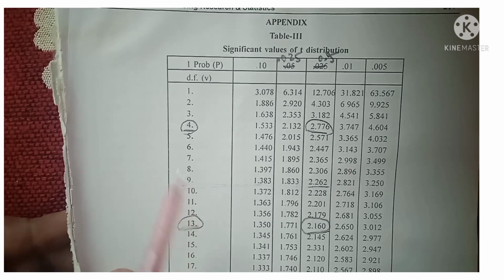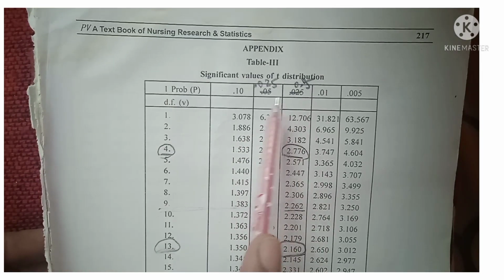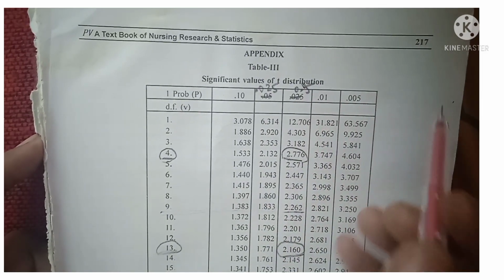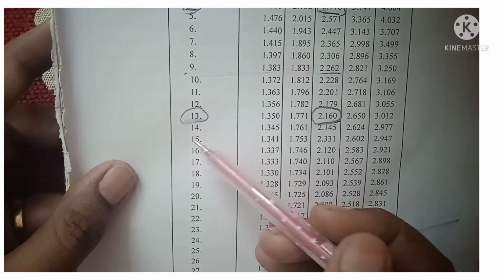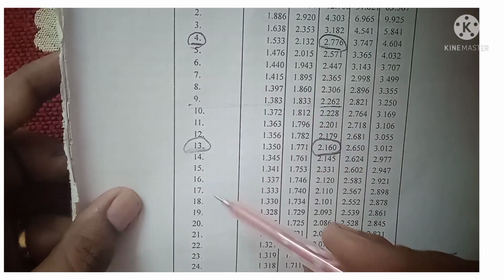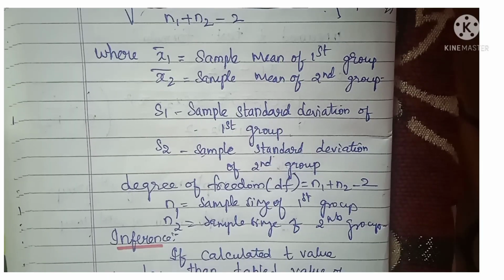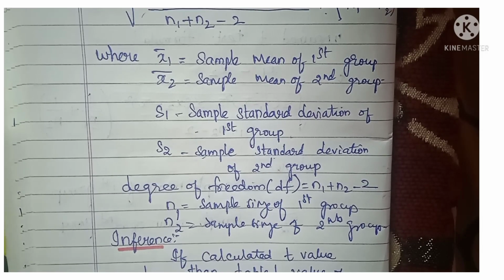See, like this you will be having a t distribution table. So you have to find out at 0.05 level of significance. When you are finding at 0.05 level of significance, how will you calculate the degree of freedom?